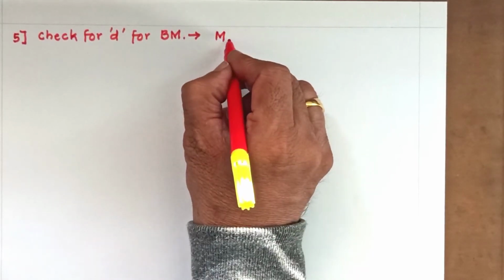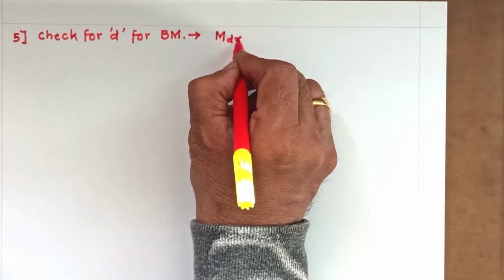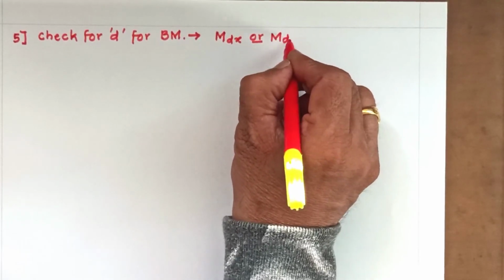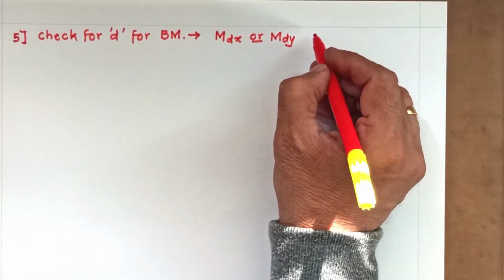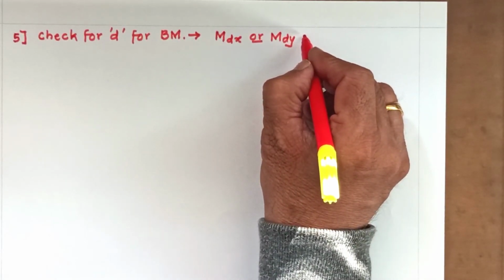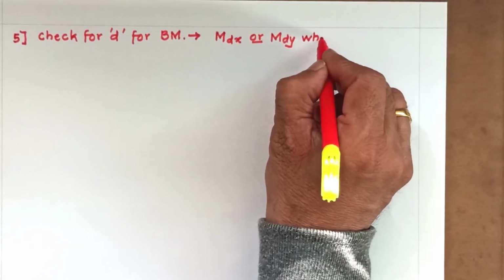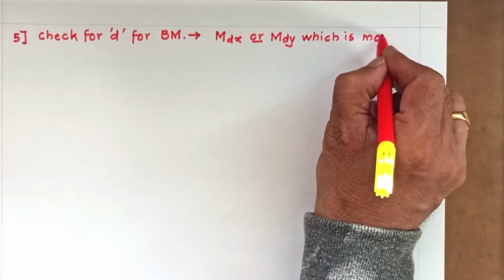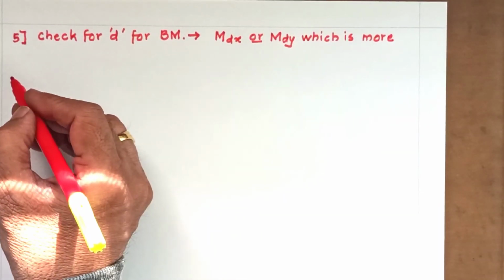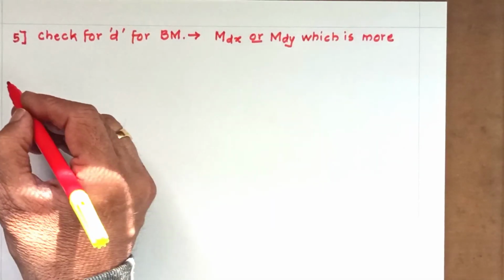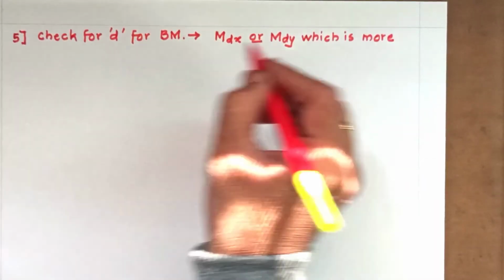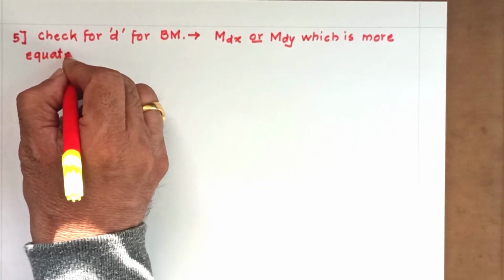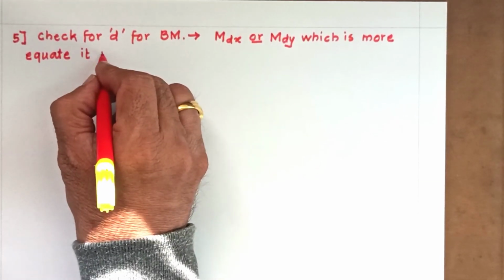Equate MDX or MDY, whichever is more, with MU lim.